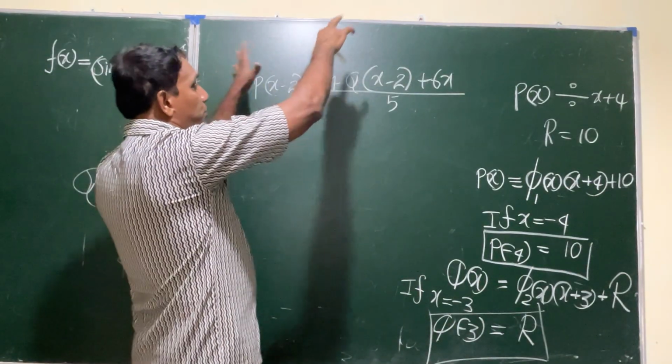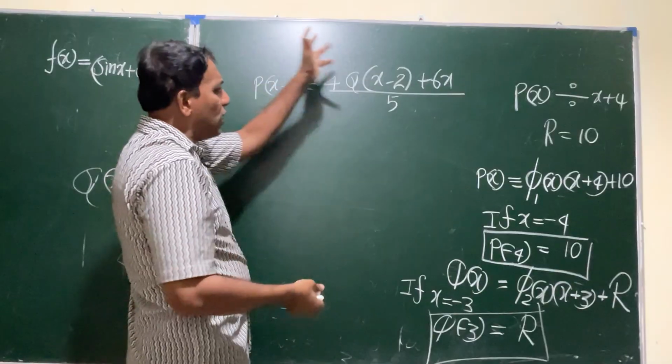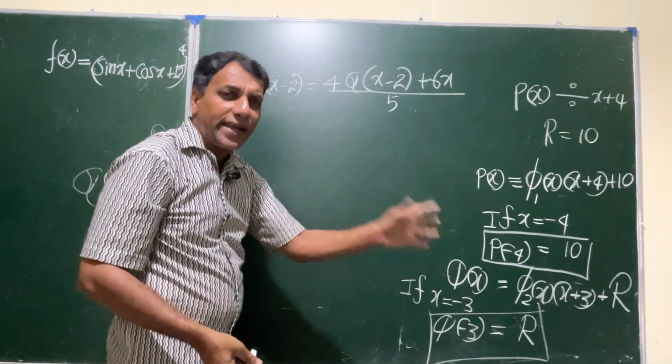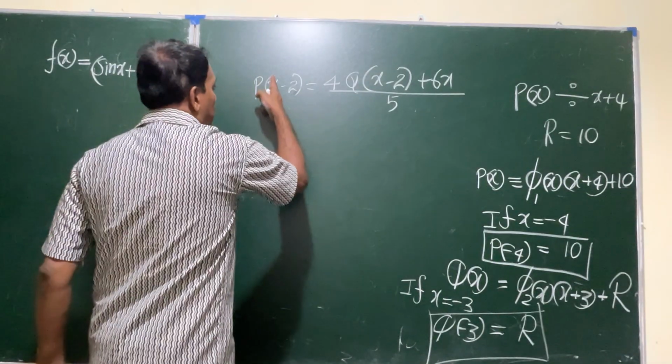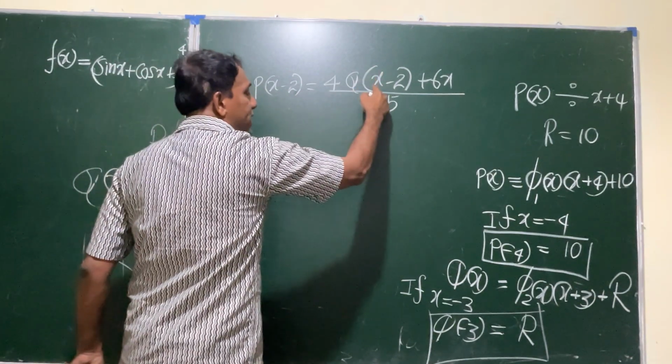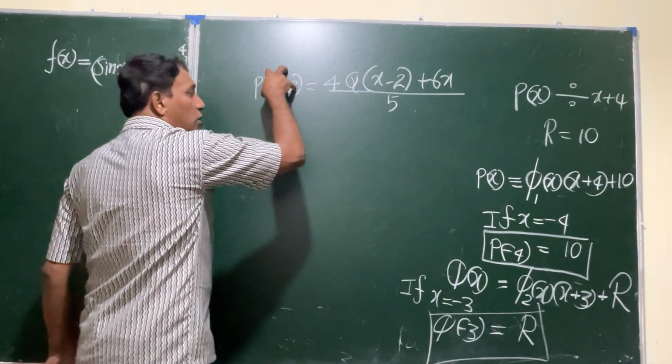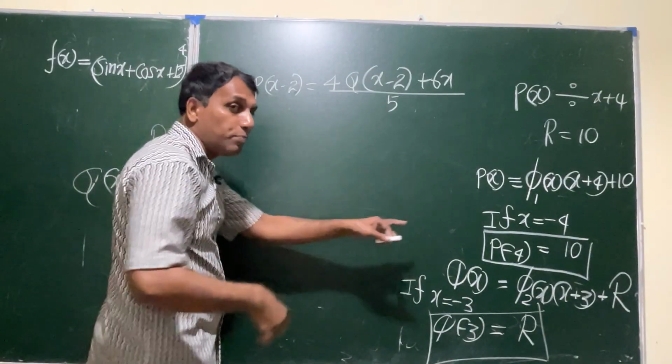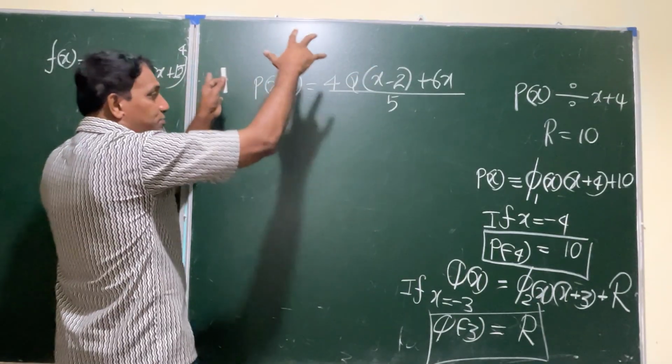Now come back to the important information. We try to find q of minus 3. If I put x equals minus 1, then we have p of something and q of something, all known parts. Copy this properly.